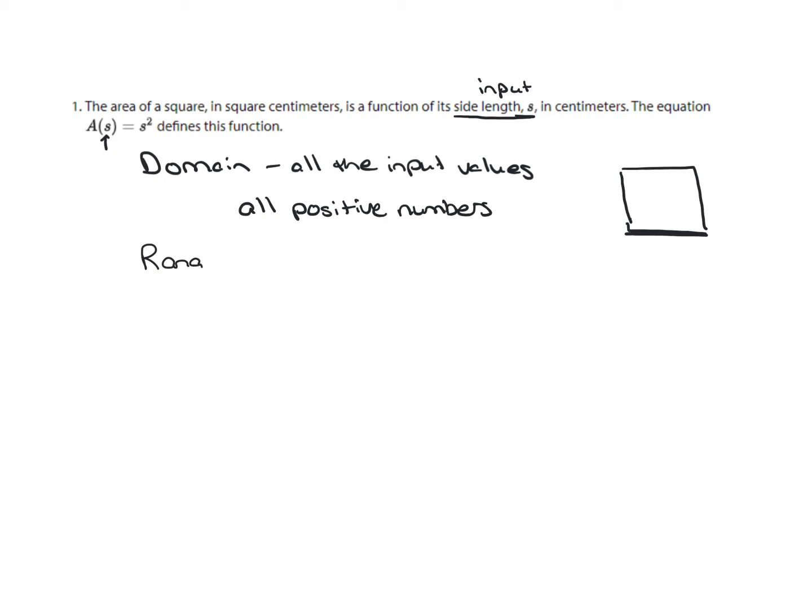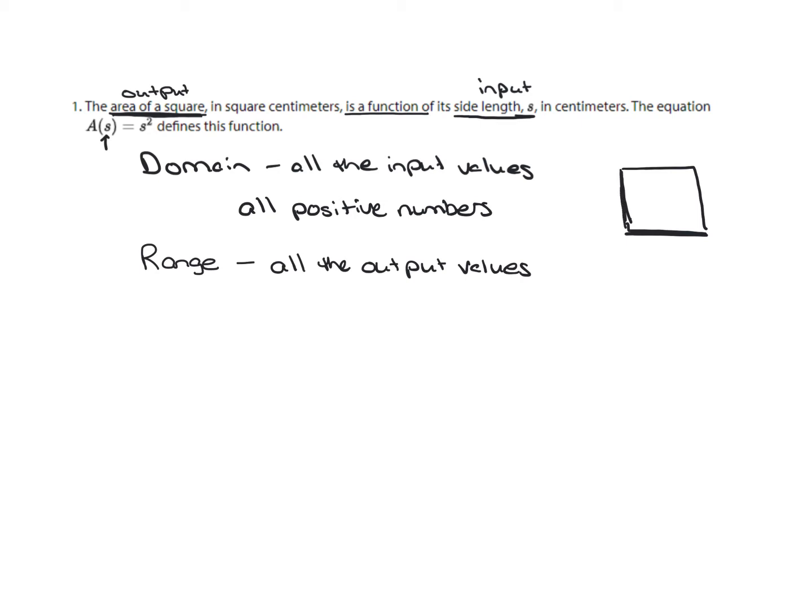My range, okay, my range is all the output values. So in this case, it says the area of a square is a function of, so the area of a square is my output. Okay, so what numbers could the area be?